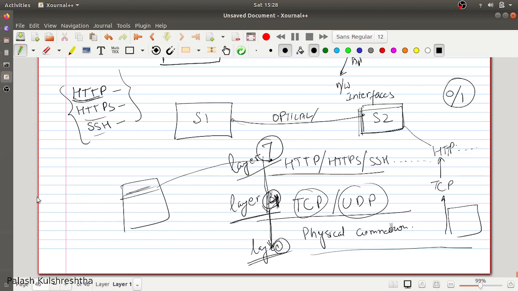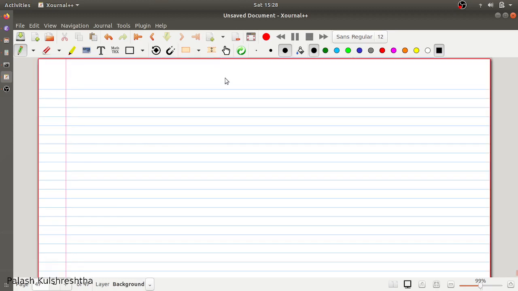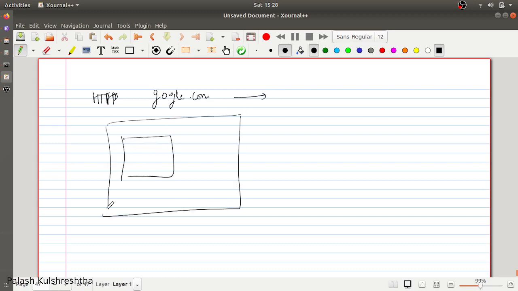So all the HTTP connections are happening via TCP. Whenever you make an HTTP connection to google.com, what is happening is your browser is hosted on your laptop.